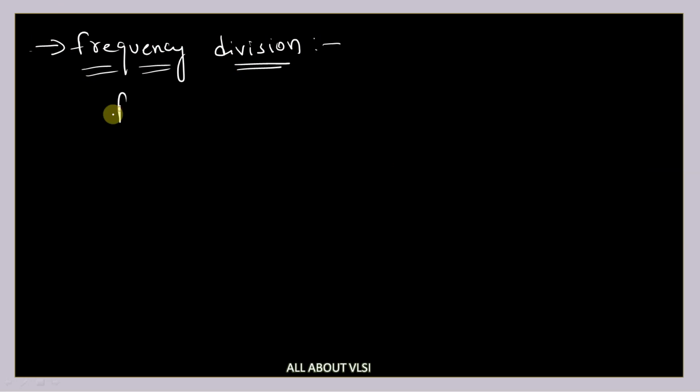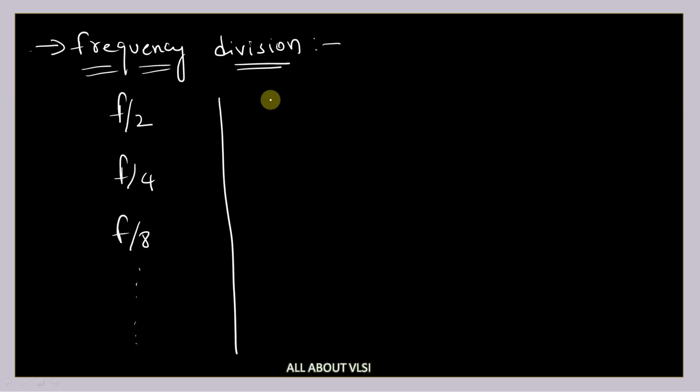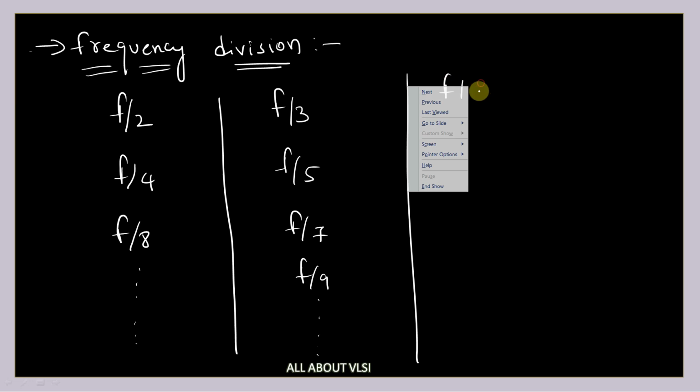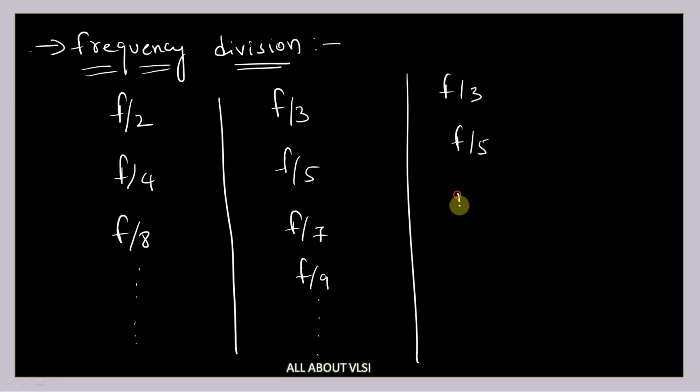We basically have F by 2 circuits, F by 4 and F by 8, and so on. Or else we have one more category, F by 3, F by 5, F by 7, F by 9, and so on. And one more category, F by 3, F by 5, F by 7, F by 9 with 50% duty cycle, and one more category, F by 1.5, F by 2.5, F by 3.5, and so on.